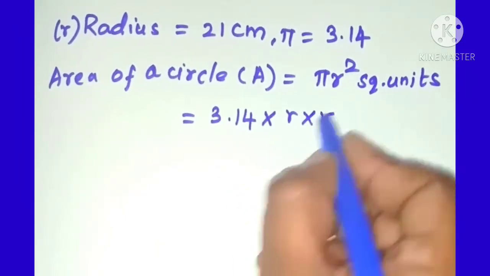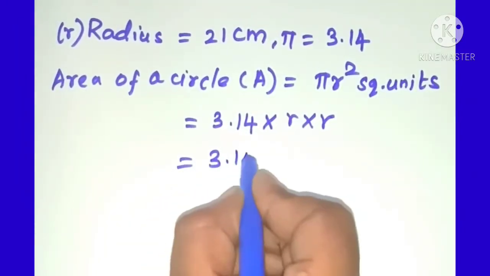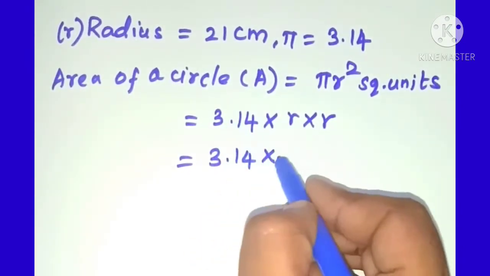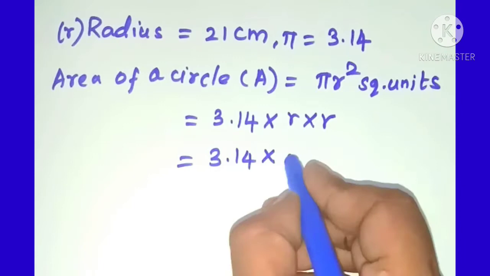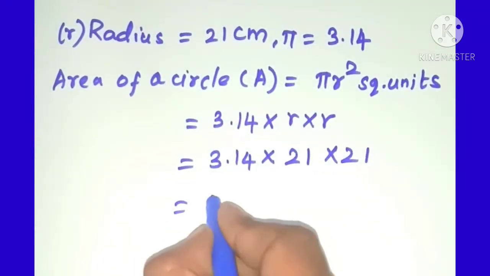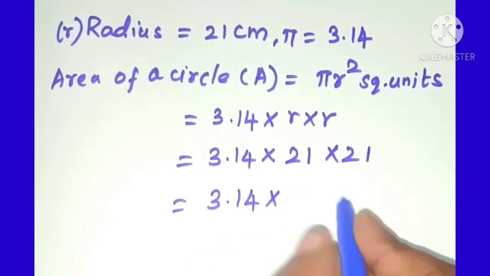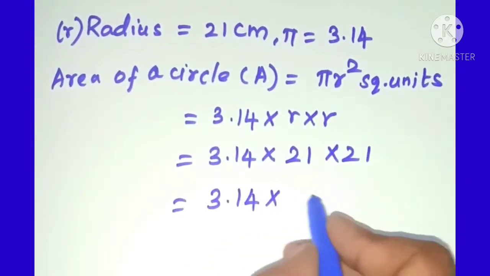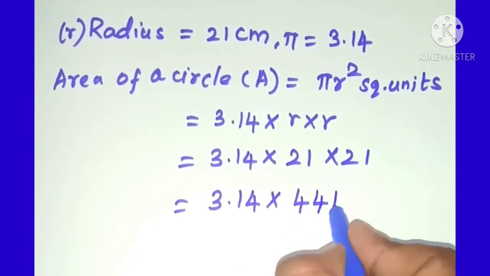3.14 into, what is the value of r? That is 21 into 21. When we multiply 21 into 21, we get 441.